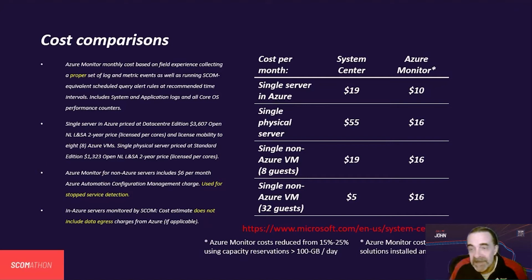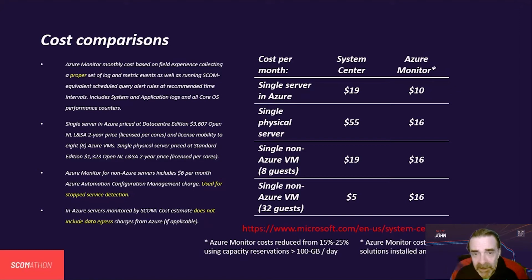The most expensive way to employ System Center is on a single physical server, which you can see would be a $55 per month cost, as calculated as it describes. It's using the 2-year open with SA.